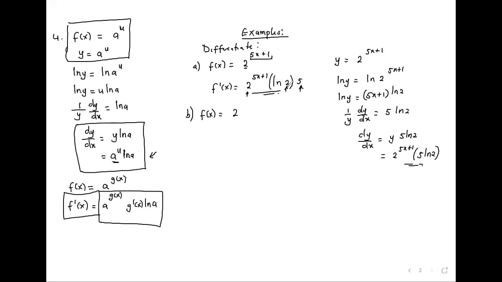Look at this example here, example B. 3^(2x) multiplied by 5^(4x). This is a product rule. So you let u to be 3^(2x), let v to be 5^(4x).